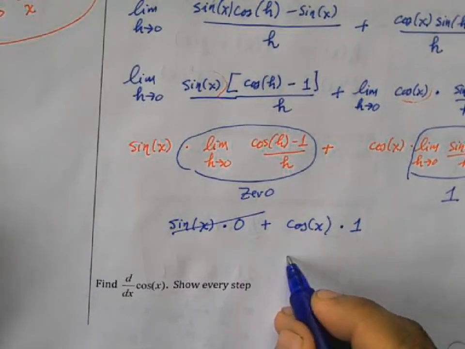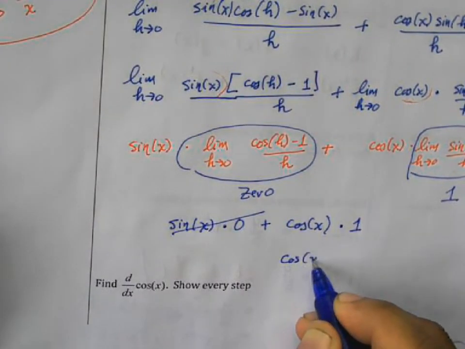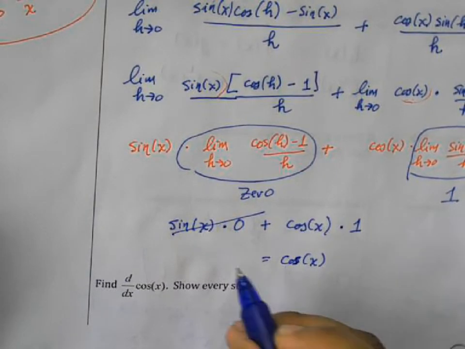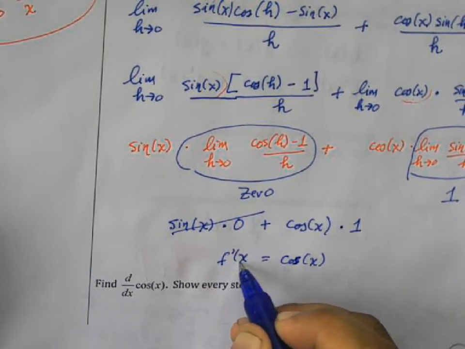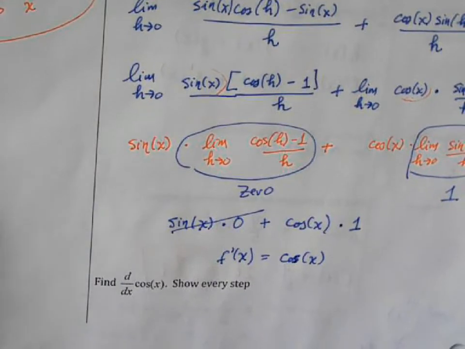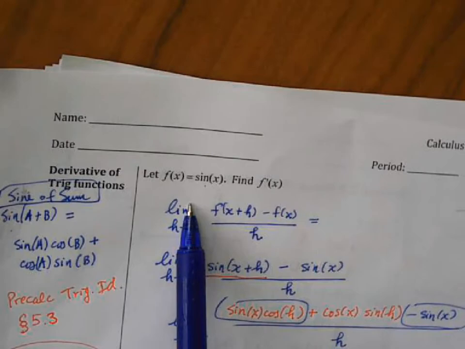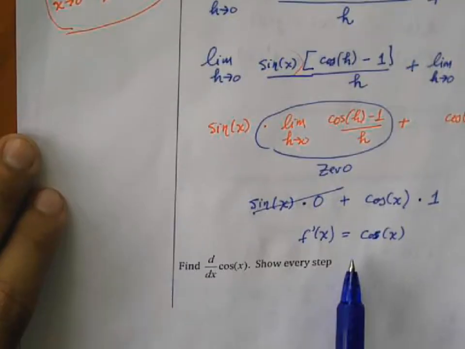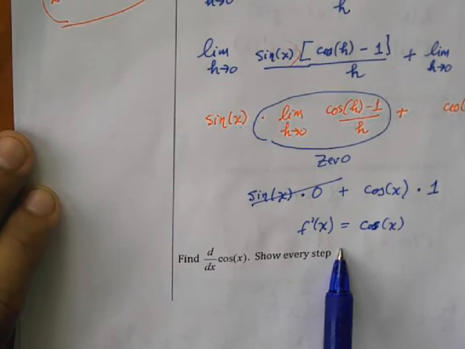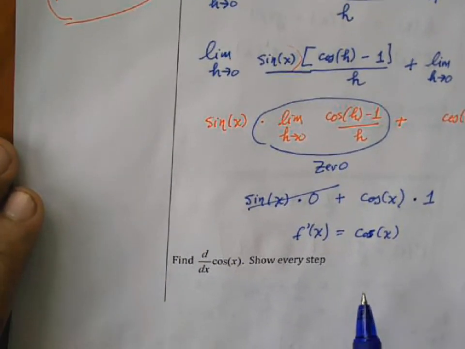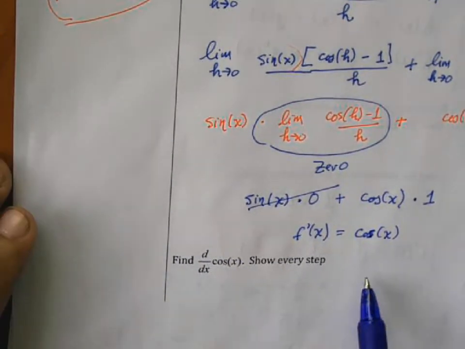This is gone, and what we end up with is cosine of x. And this is f prime. So if f of x is equal to sine, then f prime of x is equal to cosine. So amazingly enough, the derivative of sine is cosine.